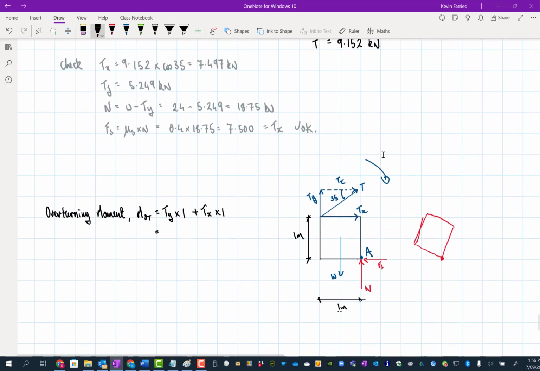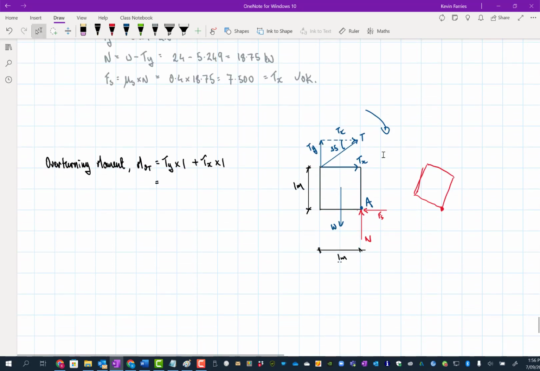So Ty is T sine 35 plus T cos 35 for Tx, which is T times sine 35 plus cos 35, which is equal to 1.393.